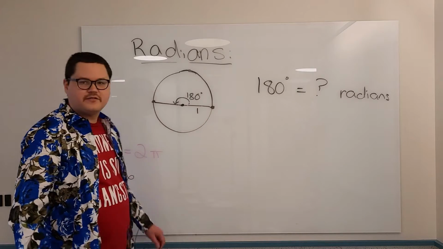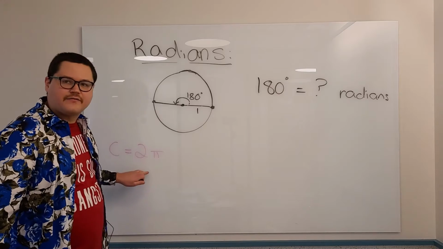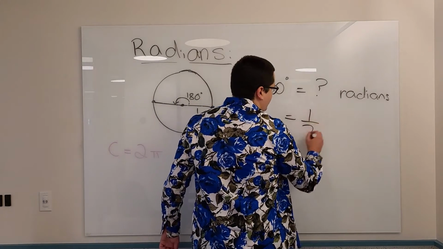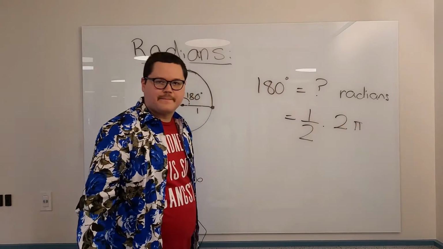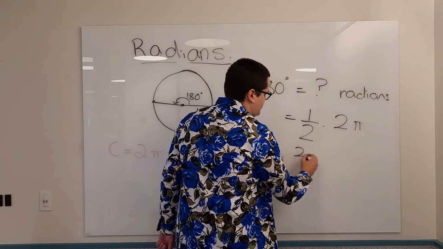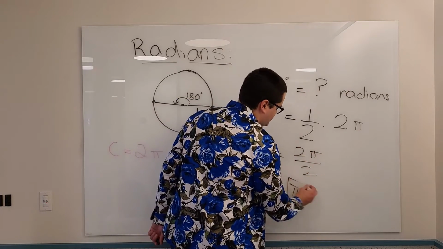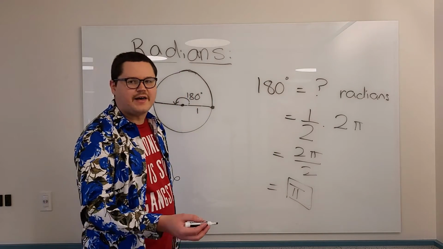So the arc measure is half of the circumference. So 1/2 of, of is multiply, circumference is 2 pi. So this is 2 pi over 2, the answer is pi. So 180 degrees is pi radians.